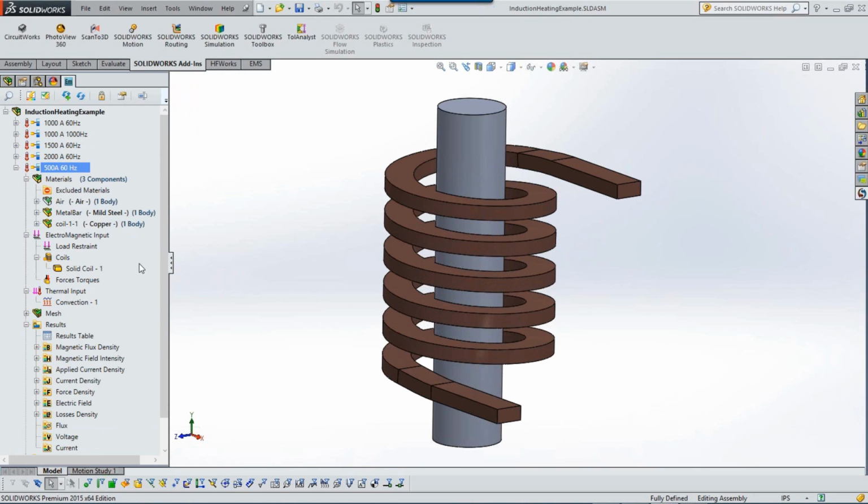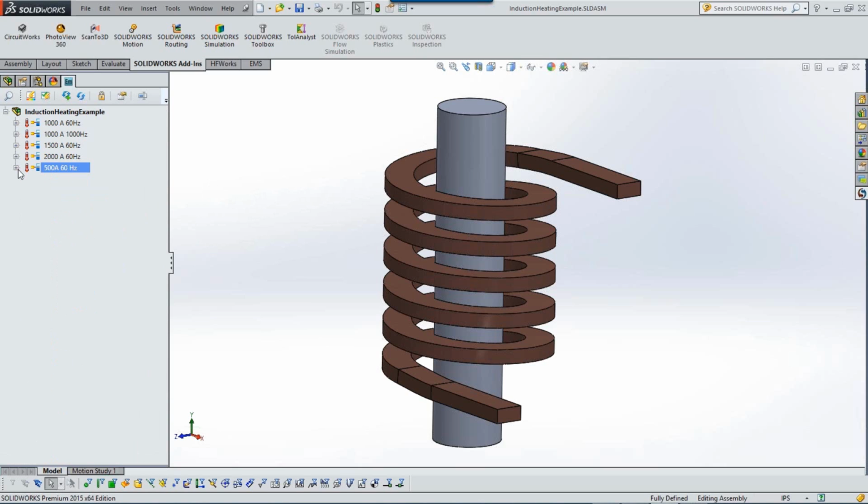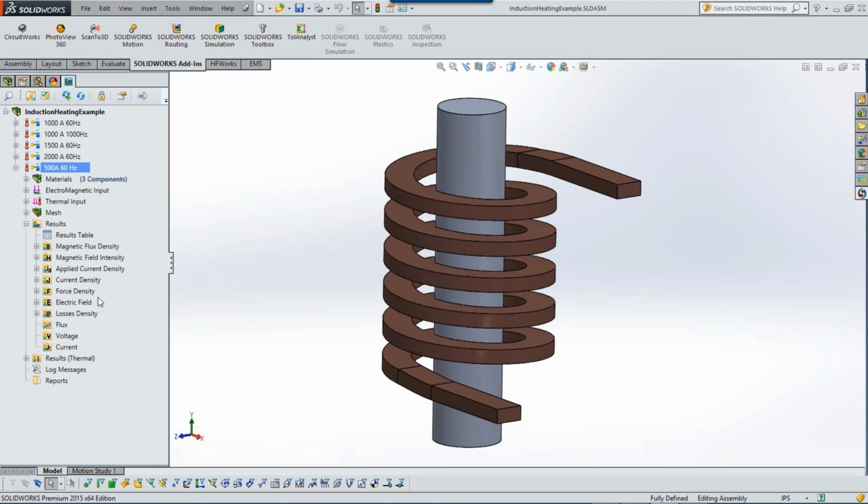Okay, so once the solution is obtained, now it's time for us to take a look at the results. As you see here, we just solved this particular problem, and now we are ready to take a look at the results. Now, what are the kinds of results that one can look into in EMS?